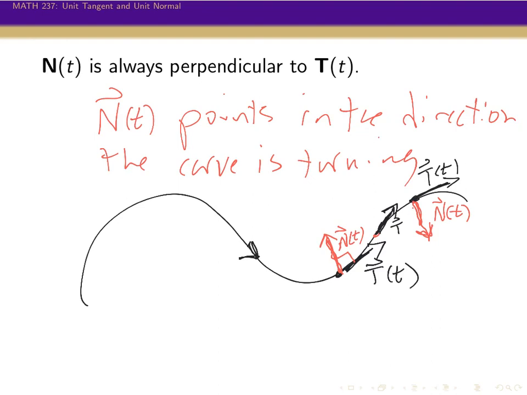Okay, but at places where it is turning, it is turning here, it's turning in that direction. And so that's what the unit normal vector looks like geometrically.